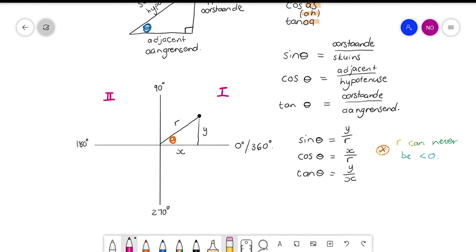All of our obtuse angles, stomphoeke, will be in quadrant 2. En dan gaat jy so om. One, two, three, 4.